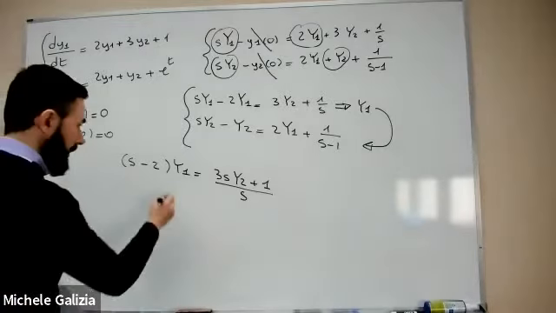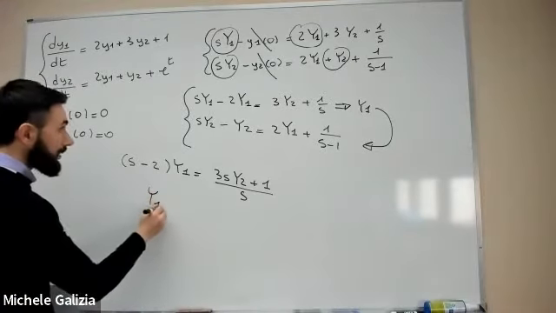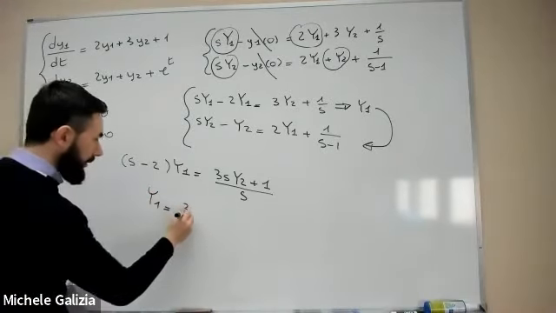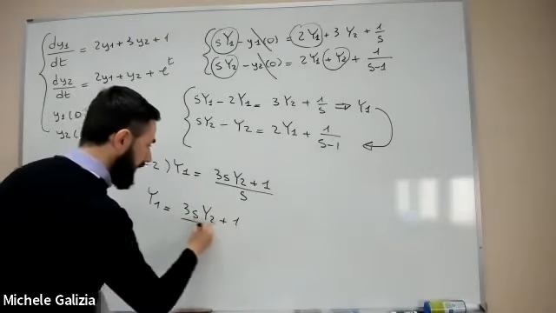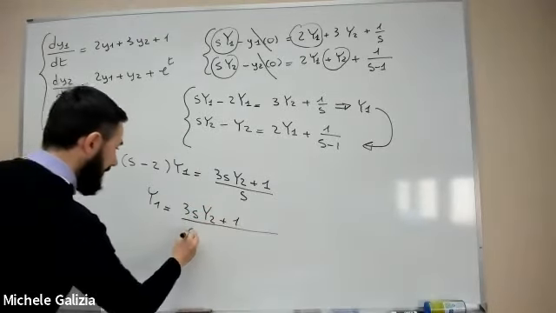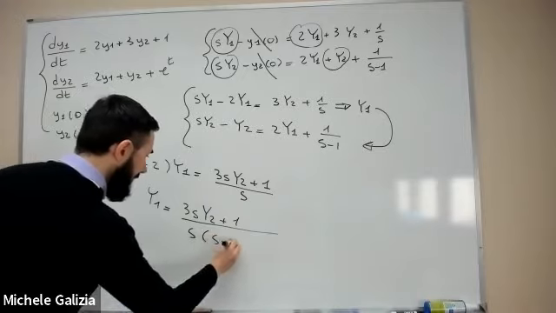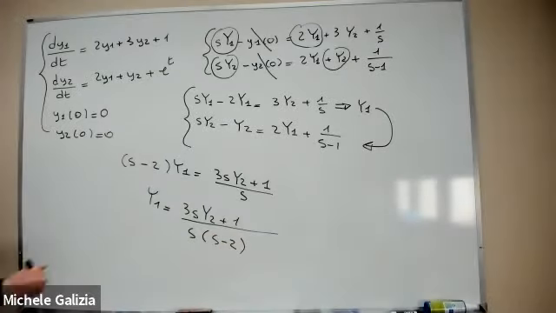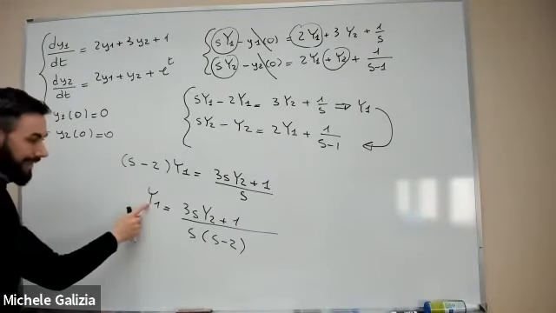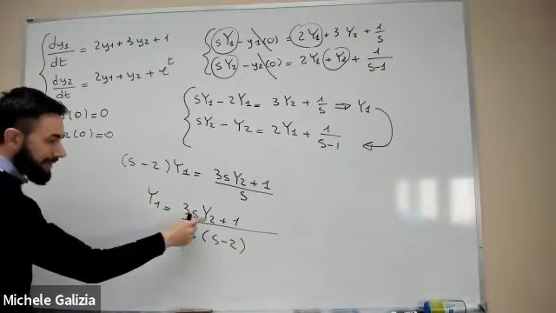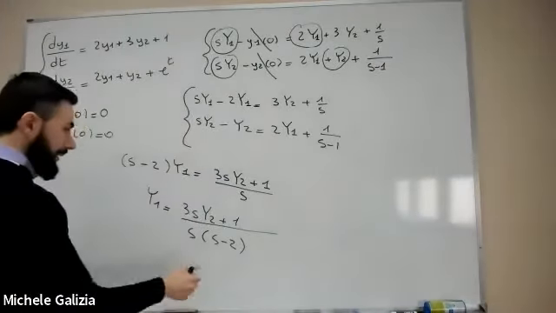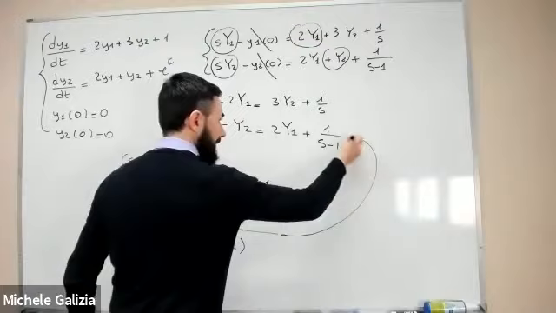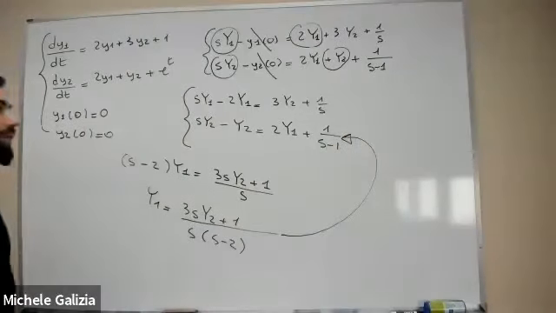And so y1 is 3y2 plus 1 divided by s times s minus 2. So now y1 is expressed as a function of s and y2. So what I have to do is simply replace here in the second one.